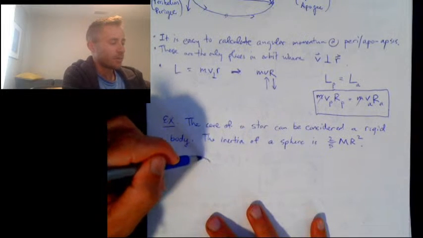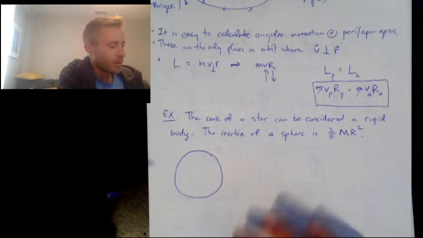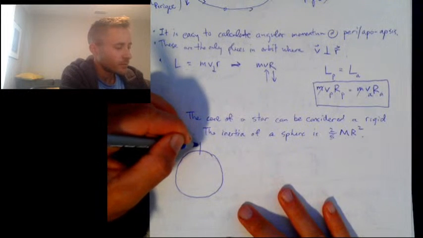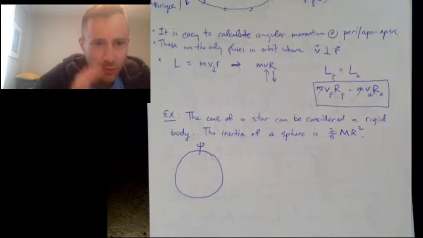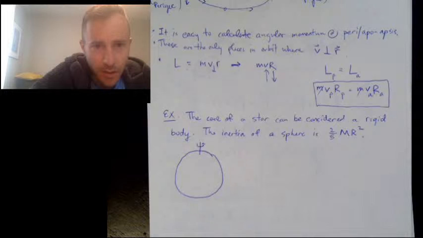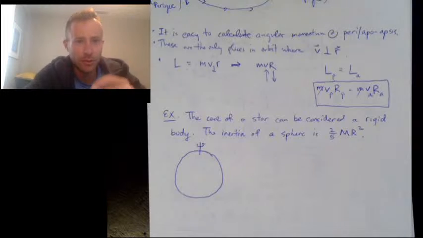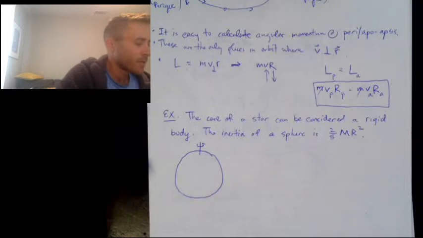So you have a star, and the star is spinning about its axis. All stars are spinning, at least a little bit. Don't quote me on this, but I believe the rotation period of the sun is like 17 days or something like that. I'll have to look it up afterwards.